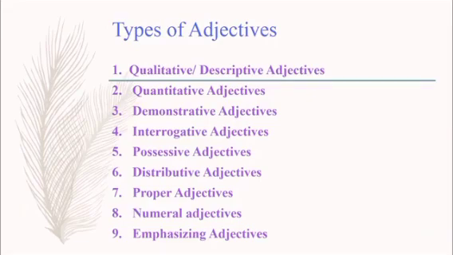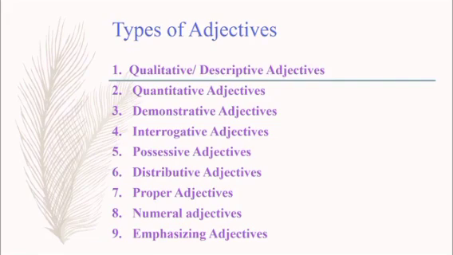Next, we are going to learn about types of adjectives. The first type is qualitative or descriptive adjectives, second, quantitative adjectives, third, demonstrative adjectives. Fourth type is interrogative adjectives.